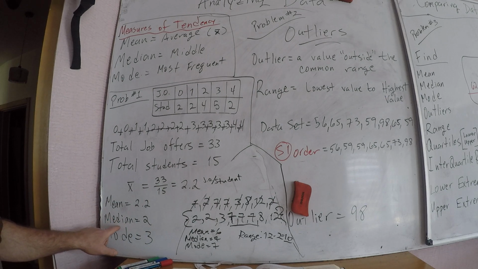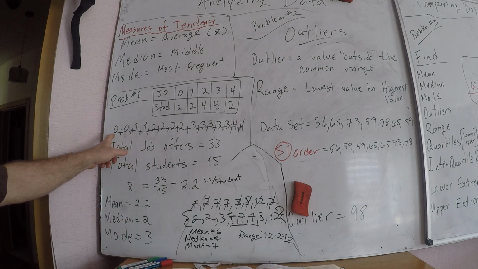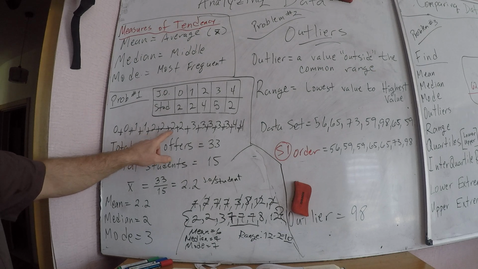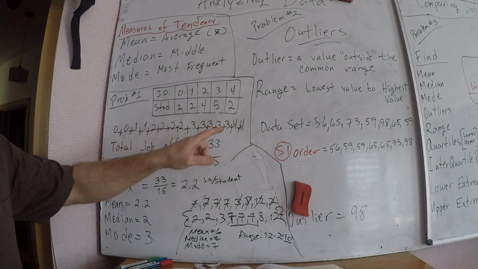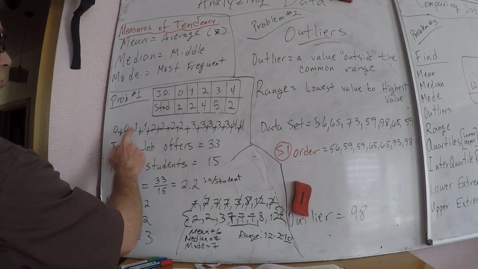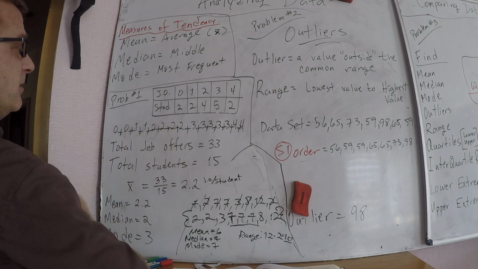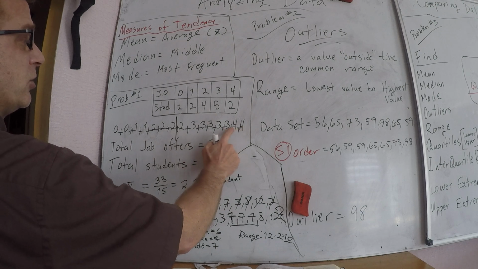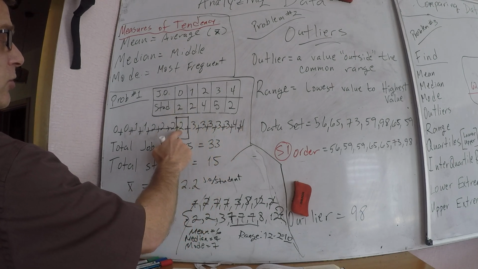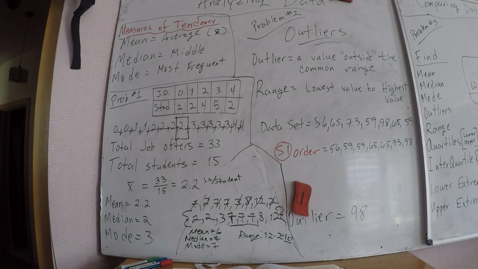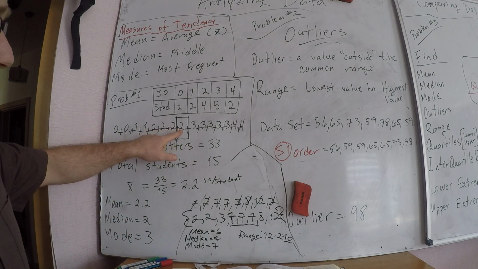The median, okay, the number right in the middle. 1, 2, 3, 4, 5, 6, 7, 8, 9, 10, 11, 12, 13, 14, 15. 1 through 7 on one side, 1 through 7 on the other. 2 is the median. Here we only have one number in the middle.